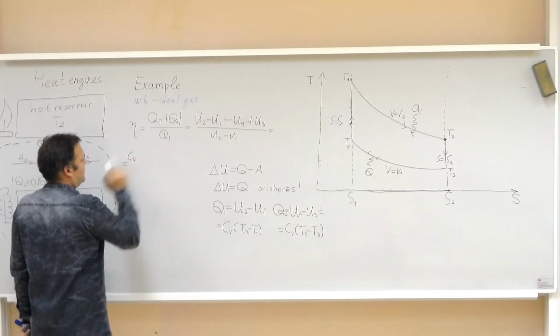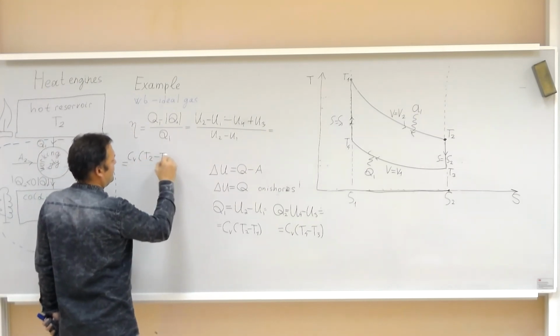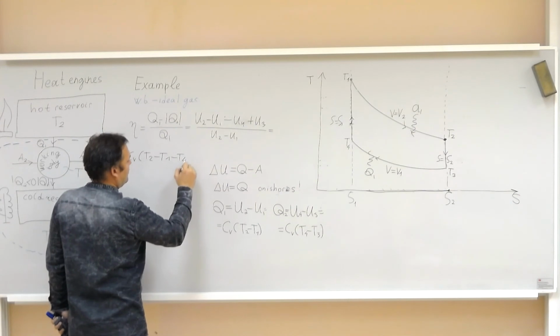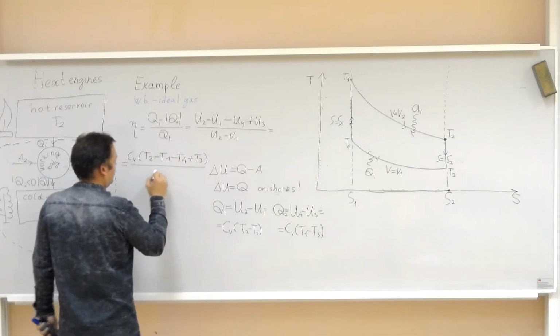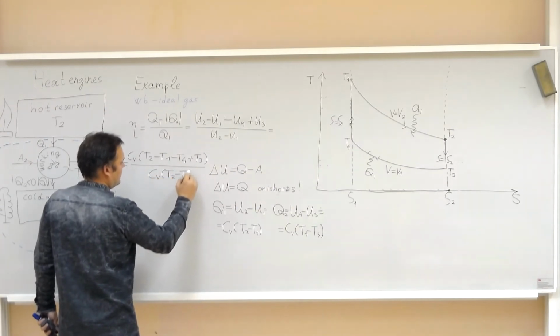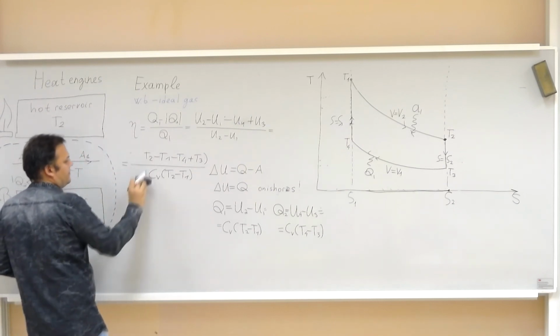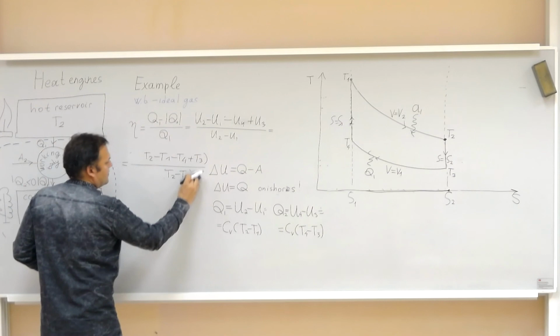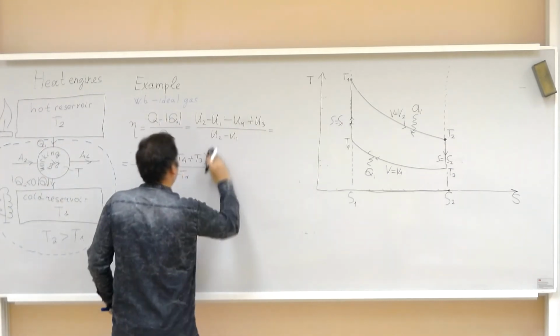Here I get heat capacity as a common factor, so I have T2 minus T1 minus T4 plus T3. Heat capacity again in the denominator, T2 minus T1. I erase the heat capacity.